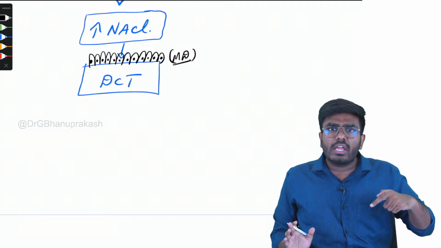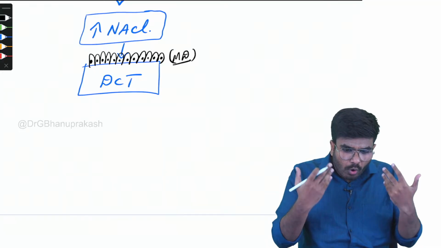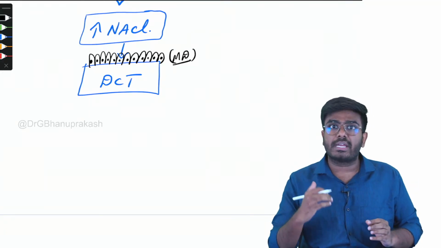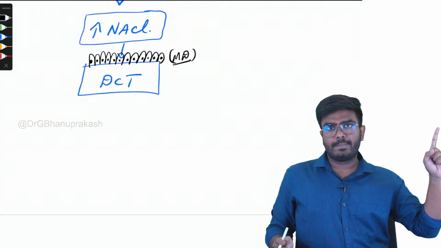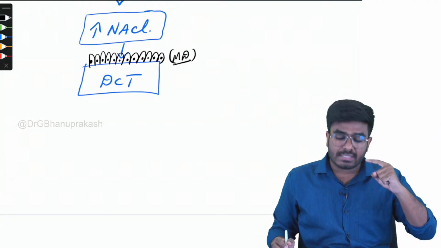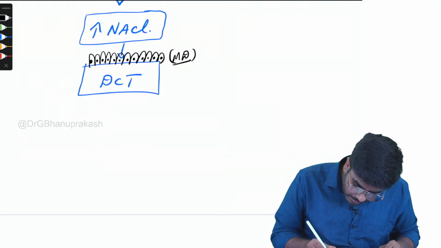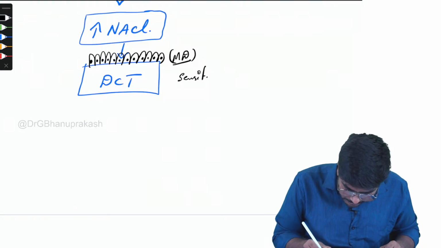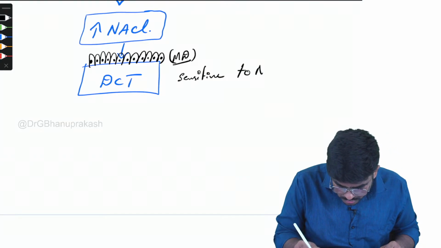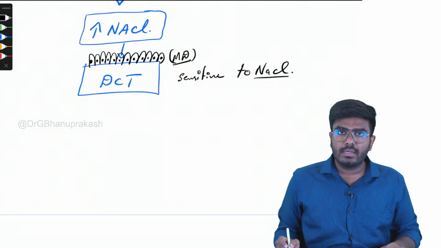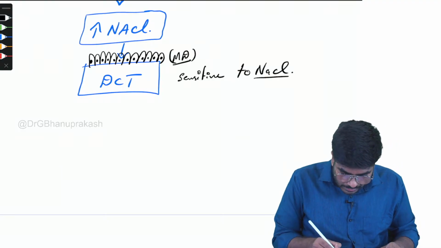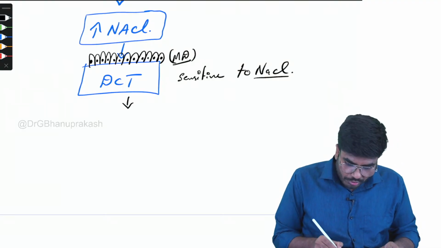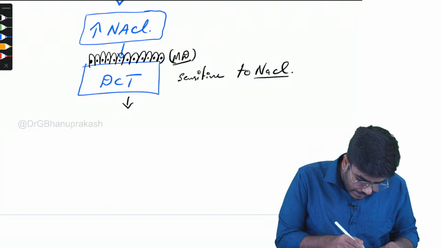Okay, now if it is seeing more sodium chloride, it will understand more sodium chloride is coming, which means GFR is increased. Macula densa, very important point, is sensitive to sodium chloride. Now what this macula densa will do, okay, it's producing a substance called as adenosine.